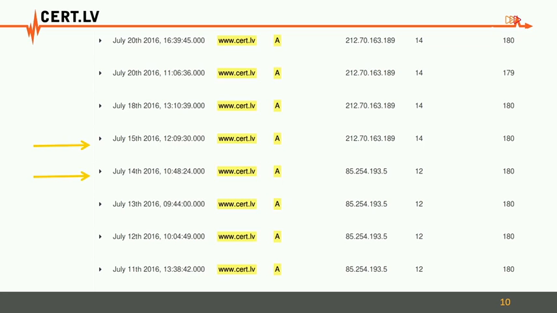But the thing is that they are still running their web on the old IP address just as it was before, but the DNS is pointing to a DDoS protected environment. And if the attacker knows the previous IP address from the passive DNS information and the main web server is still there, just protected by the proxy, you might call it, DDoS protection environment, he can attack the previous IP address directly. So this is what you can find also in passive DNS.